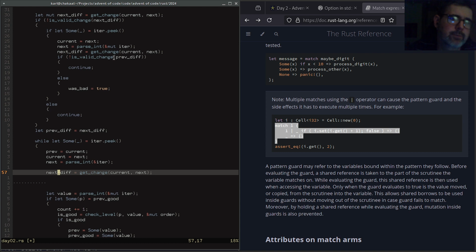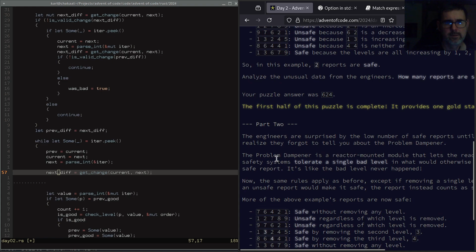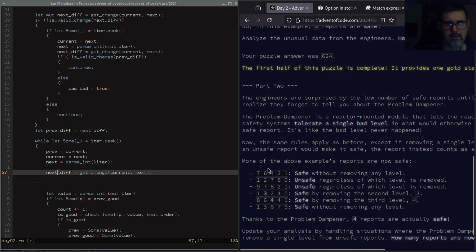So I'm just thinking, because right, we've got kind of two comparison cases. We've got the magnitude of this change, which is dependent only on the change itself. But then we've got whether the sign of this change matches the sign of the previous change. So we've got two changes basically.